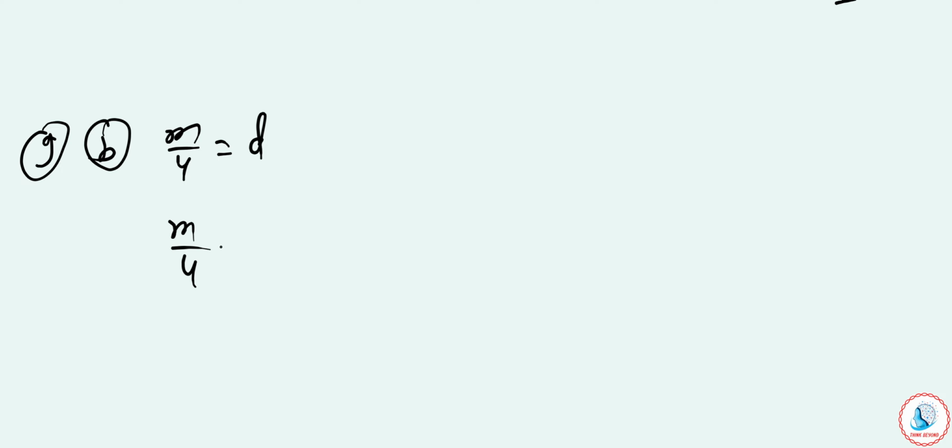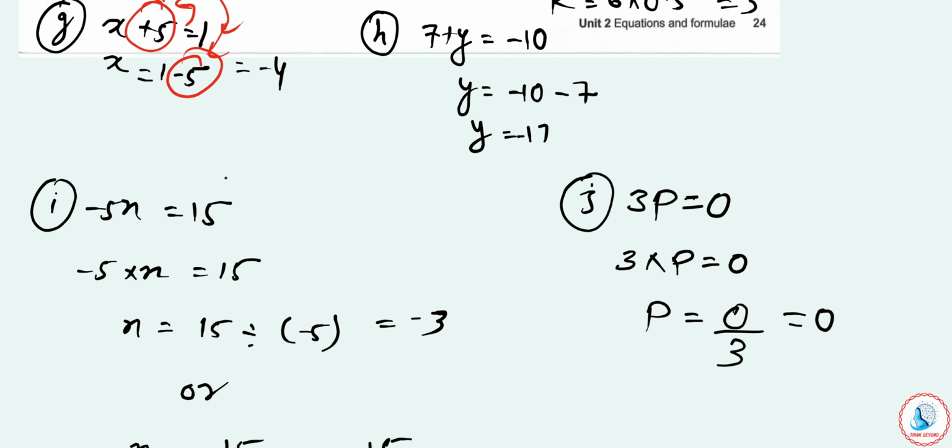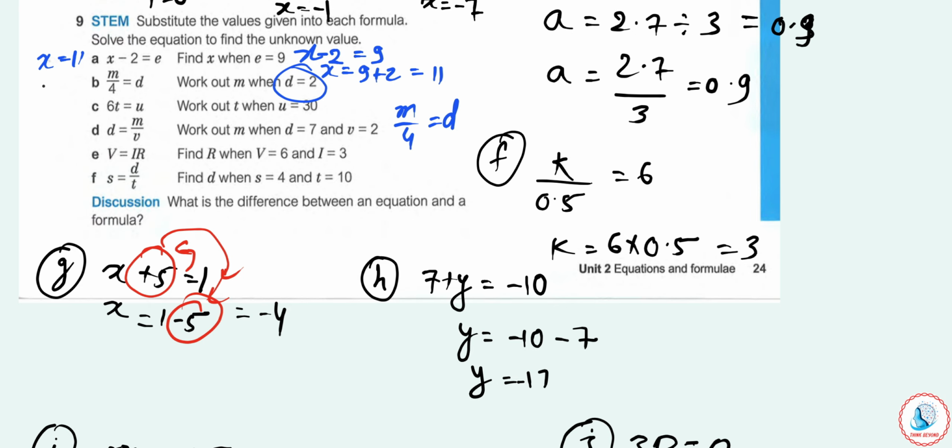So M over 4 is equals to 2. 4 is in division with M, so it will be in multiplication with 2. So M is equals to 8. Here the answer is M is equals to 8 for question B.